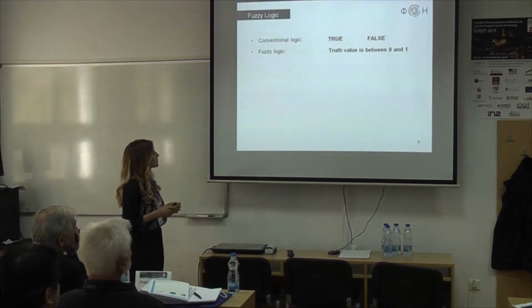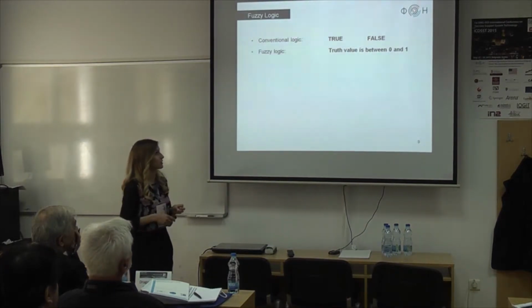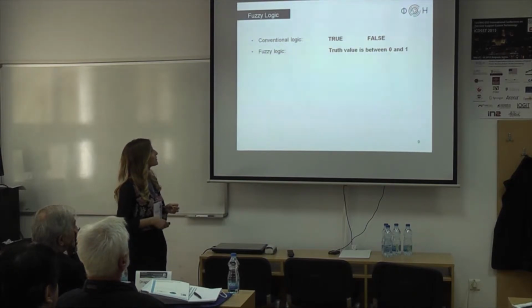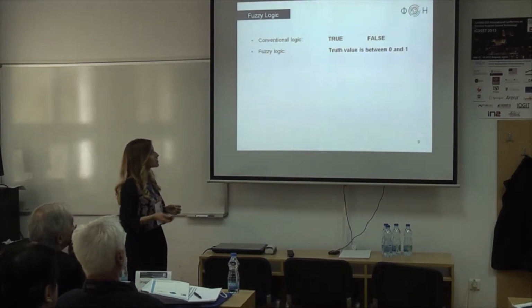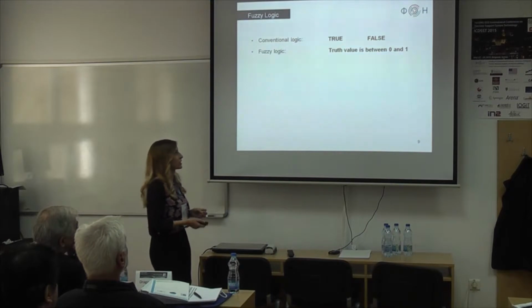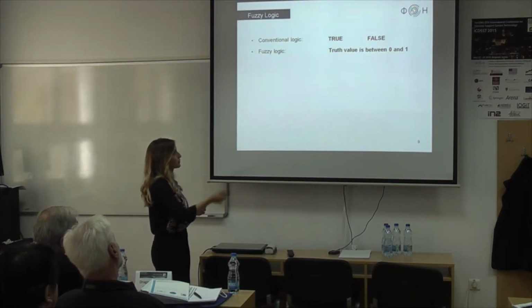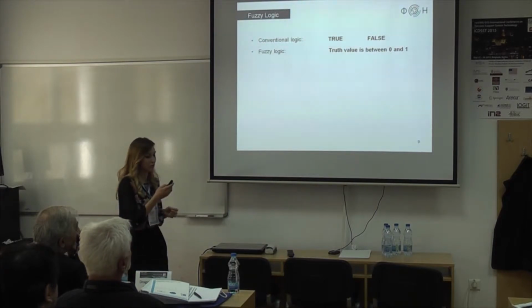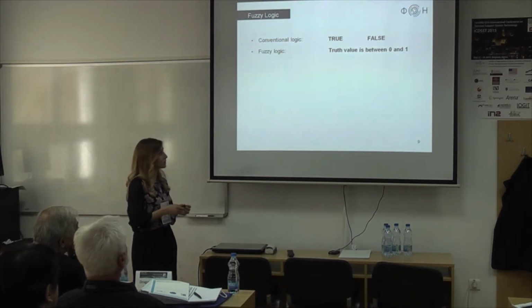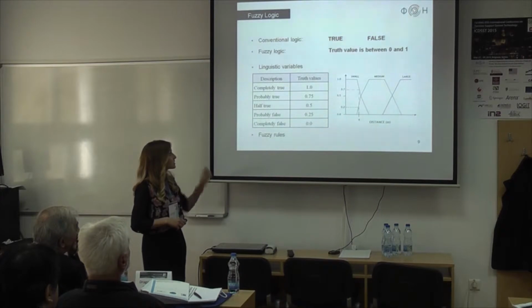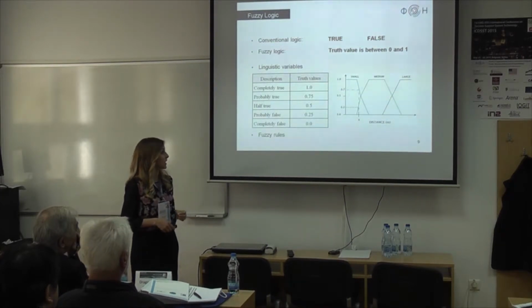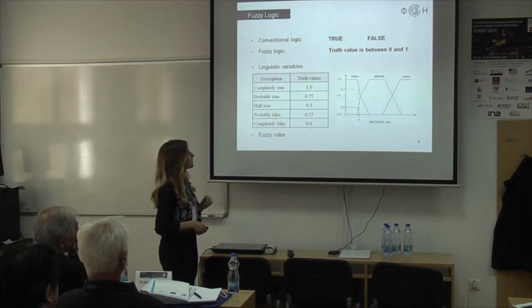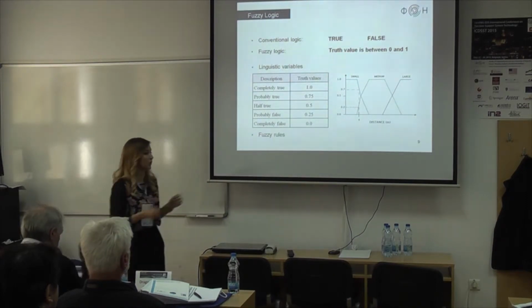So after that, we used fuzzy logic. Alexander already explained a lot about fuzzy logic. Unlike conventional logic, in fuzzy logic we don't have just true and false values, but we have a value between 0 and 1. And fuzzy logic enables us to use linguistic variables and fuzzy rules, so we can say that something is probably true, and not just true or false.